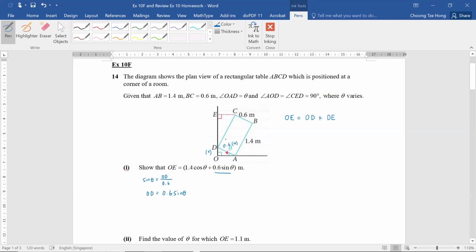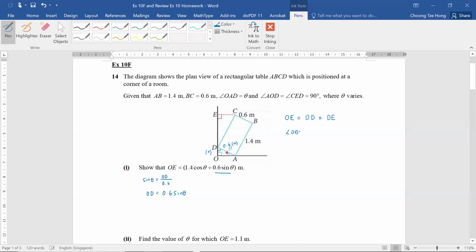Now we will try to find DE, and then when we add together, we should be able to show this. This is angle theta over here. What would angle ODA be? Angle ODA will just be 180 minus 90 minus theta. Let's write the working here.